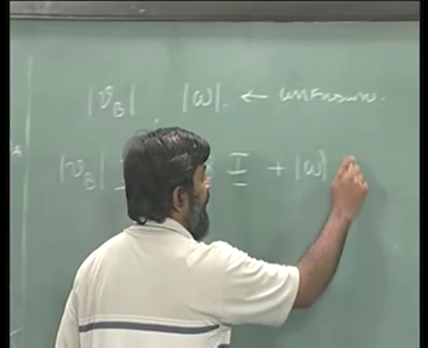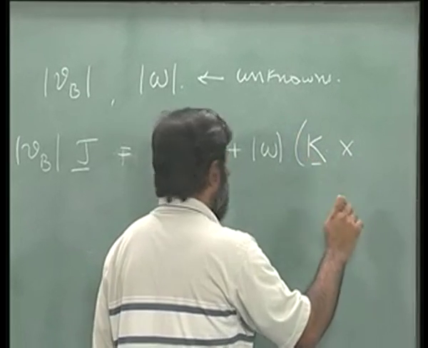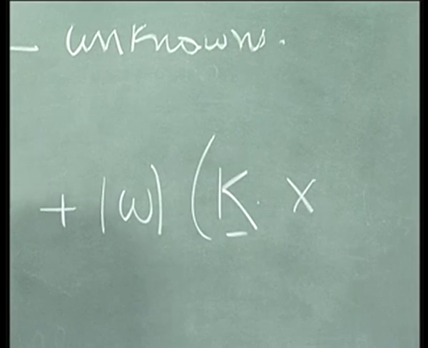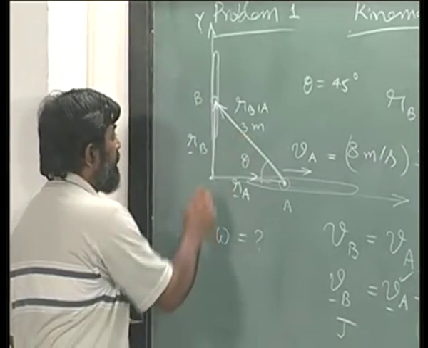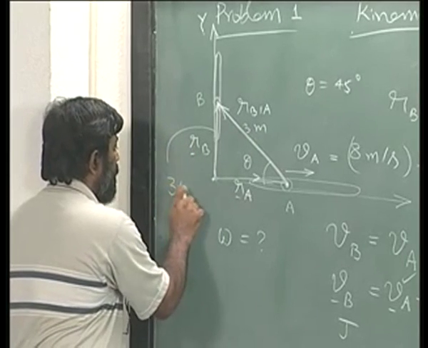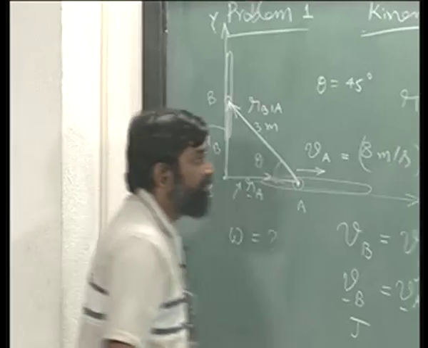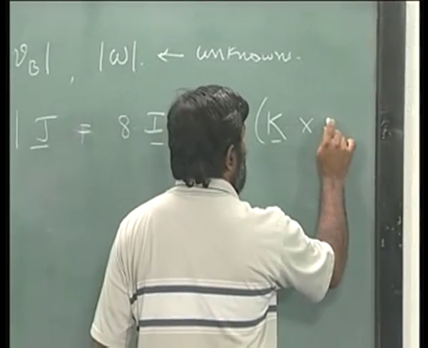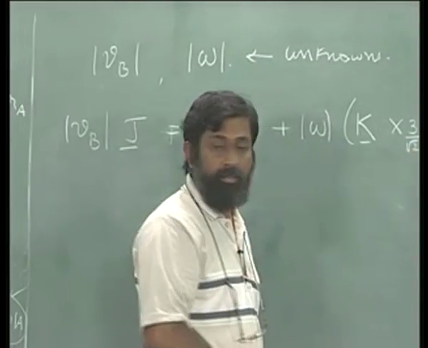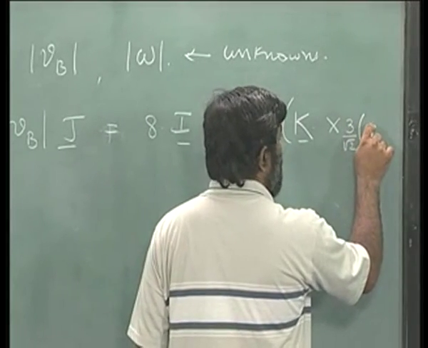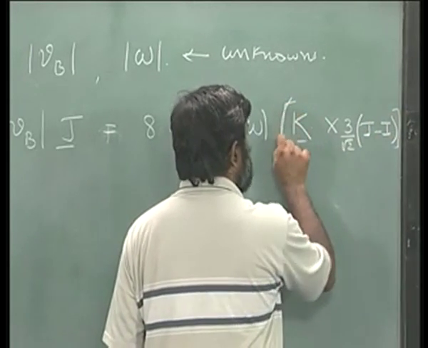So, n is nothing but k, cross what is RB with respect to A? This length minus this is 3 meters, and therefore this is 3 cos 45 and this is 3 cos 45. So, it is crossed with 3 by root 2 times J minus I. Is this clear?